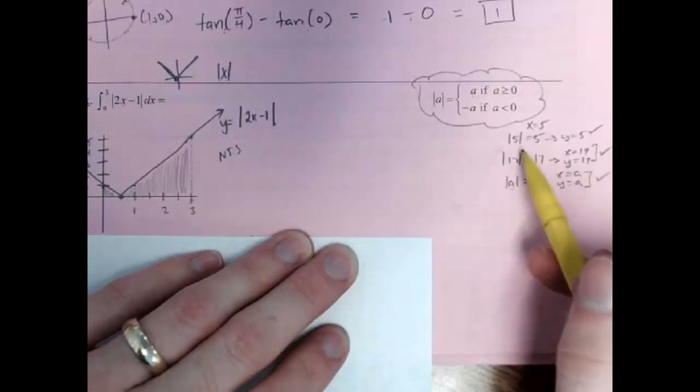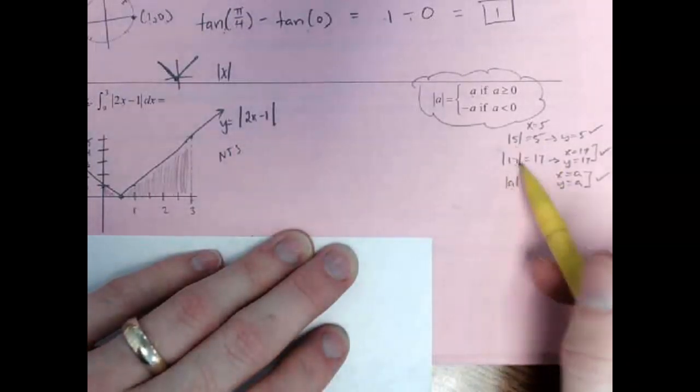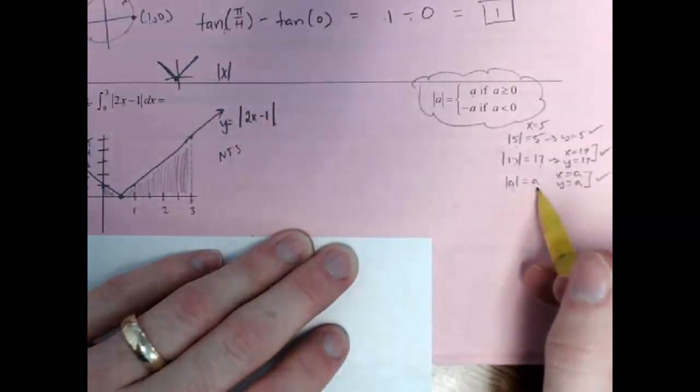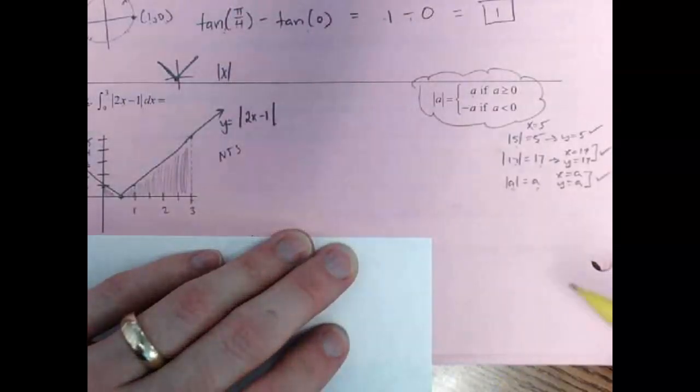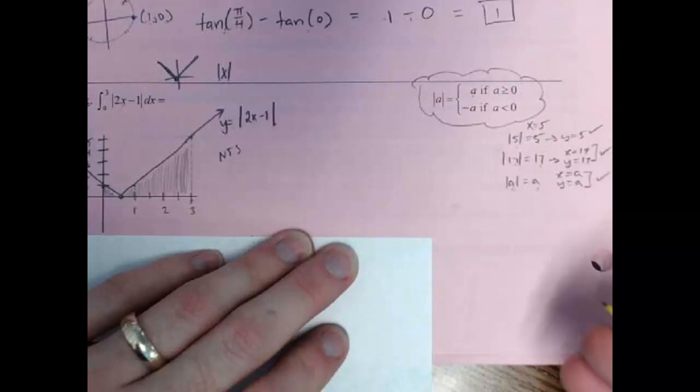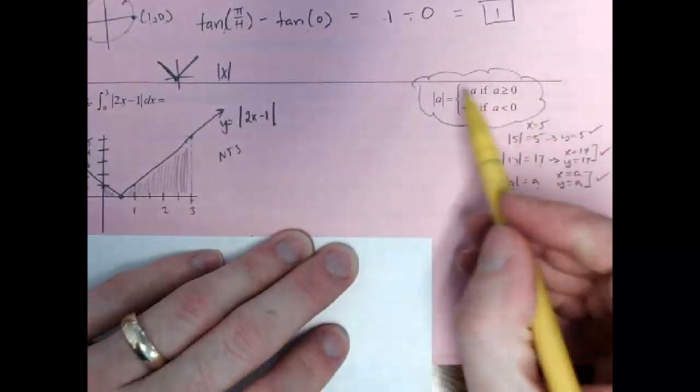The absolute value of 5 is the same thing as 5. The absolute value of 17 is the same thing as 17. The absolute value of any positive number a, including 0, would be the same thing as just that regular number by itself. So when I'm working with positive terms, I can just drop the absolute value and nothing happens, because the absolute value of something positive is that exact same something positive. So that's what this top line means.